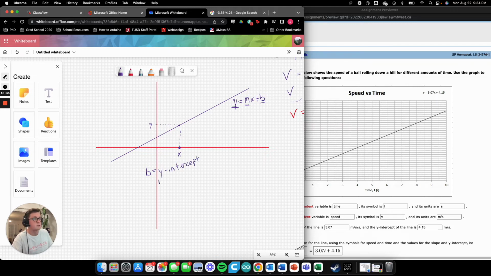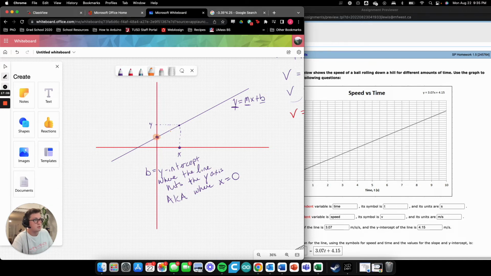The y-intercept is where the line hits the y-axis, aka where x equals 0. So you'll notice that it hits the y-axis right here. This is the b.